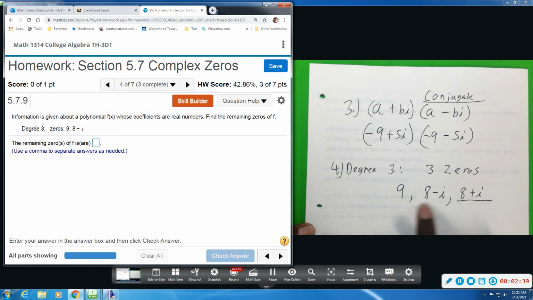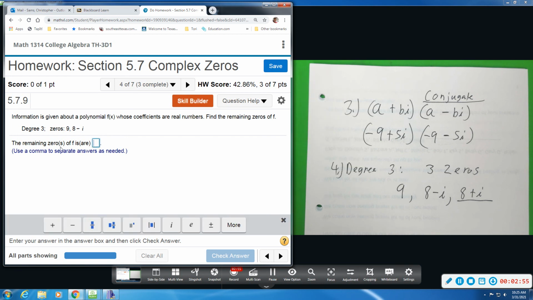So if I have an imaginary term that is negative, I have to have the positive and vice versa. So these two are pairs, and this one is the missing term. You just get that from knowing the fact about complex numbers. So the remaining zero is 8 plus i. Well, that's the only one that's left.